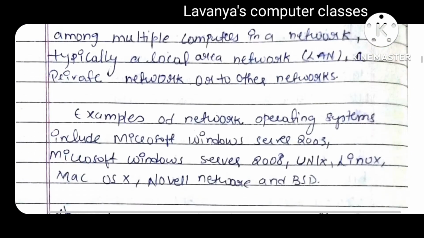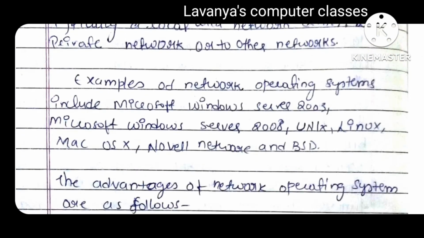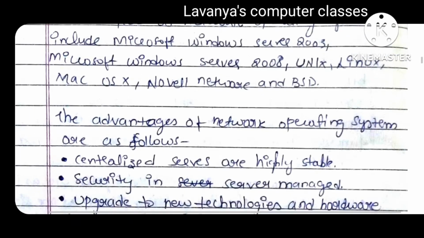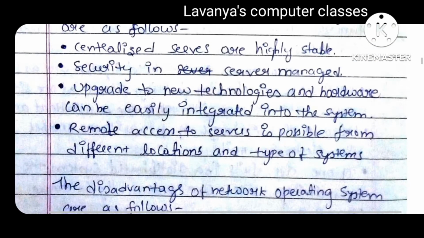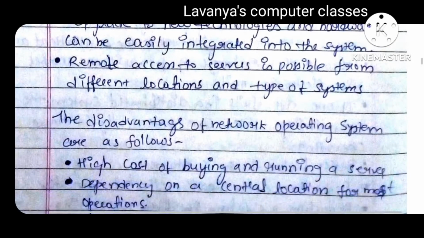So these are all the different types of operating systems, and some examples for network operating systems and advantages of network operating system, disadvantages also.